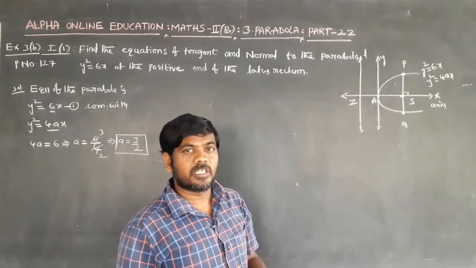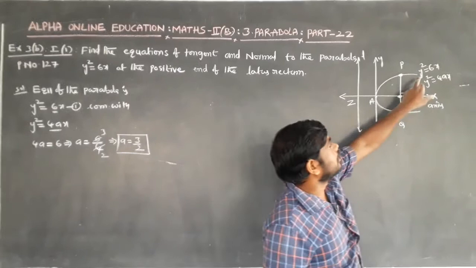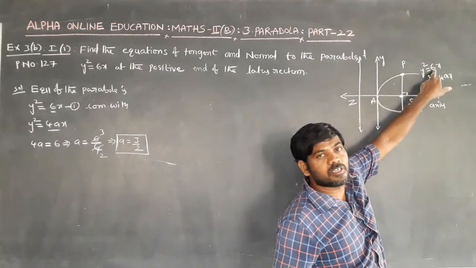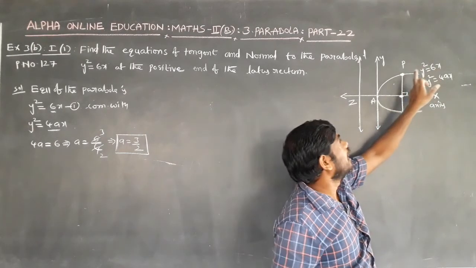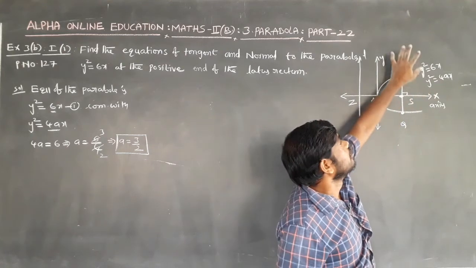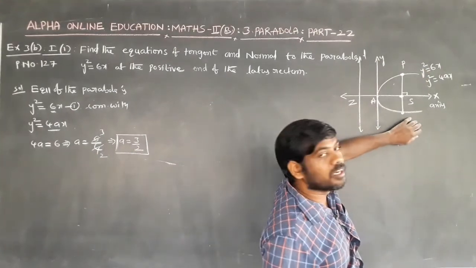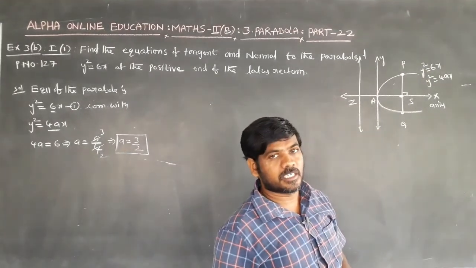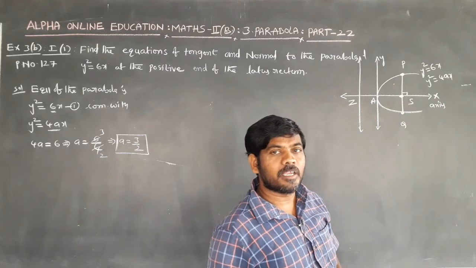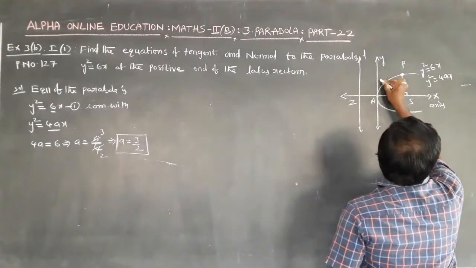Here we find the equation of the tangent and normal to the parabola y square is equal to 6x at the point P. Here P is the positive end of the latus rectum, and Q is the negative end of the latus rectum. So here we find the equation of the tangent and normal.